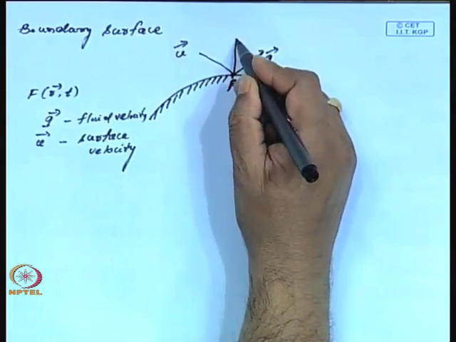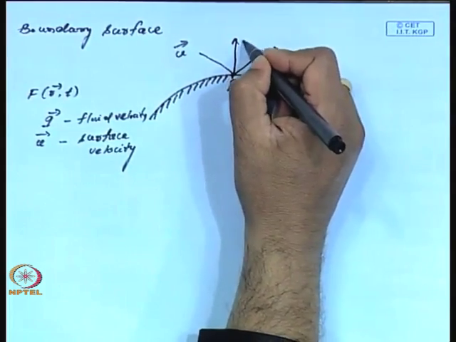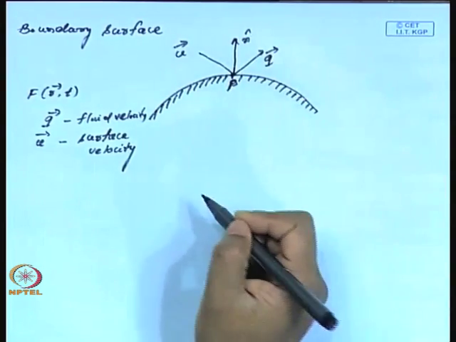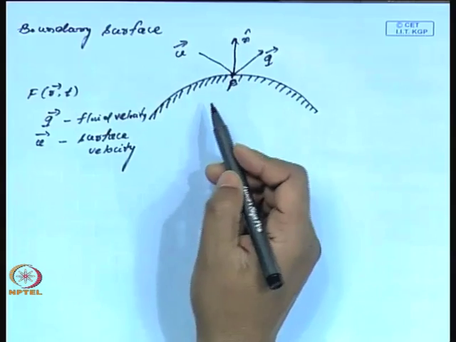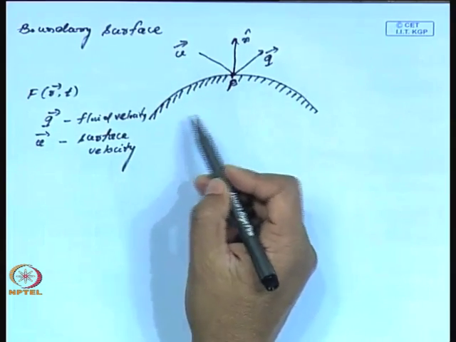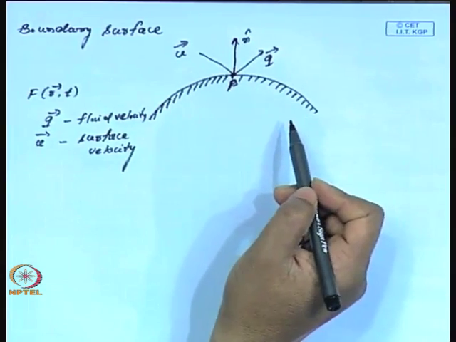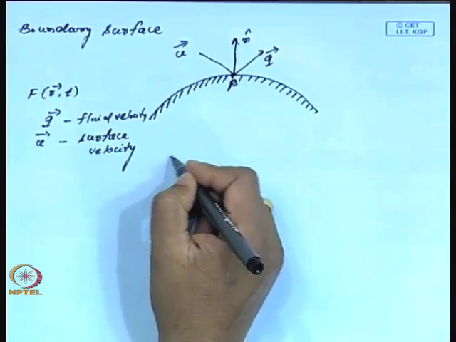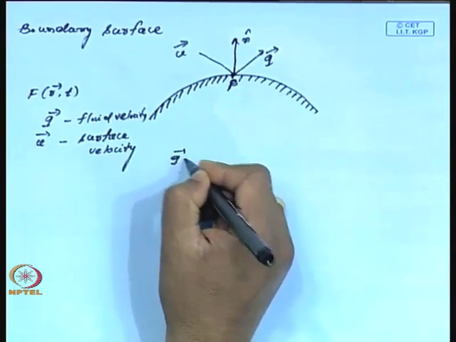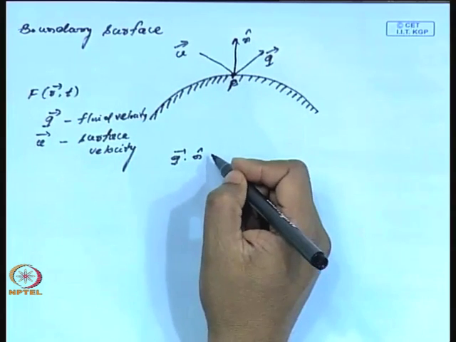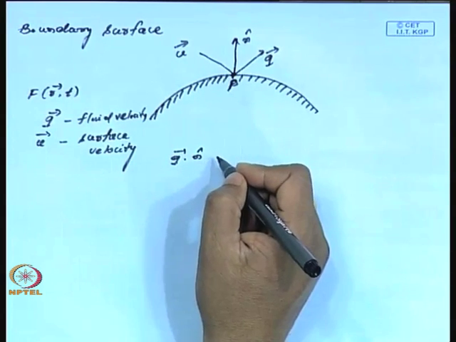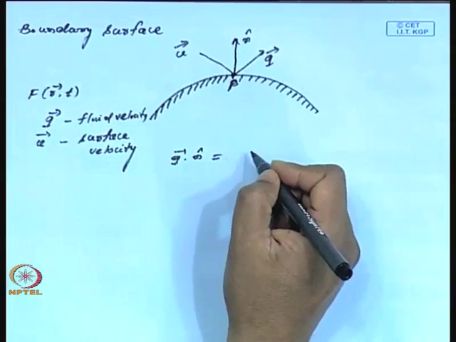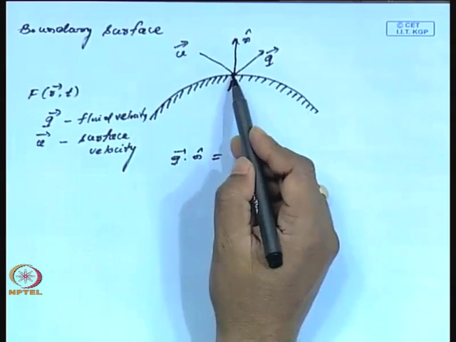Let n hat be the unit normal from this point in the outward direction. If this surface has to be a boundary surface, the normal component of the velocity of the fluid, q bar dot n hat, has to be the same as the normal component of the velocity of the surface.